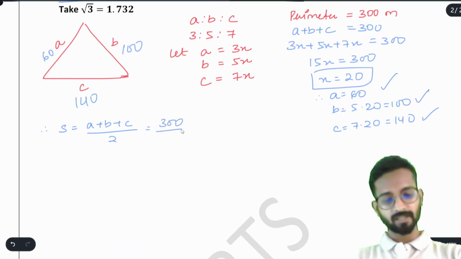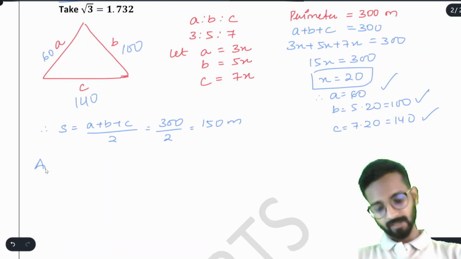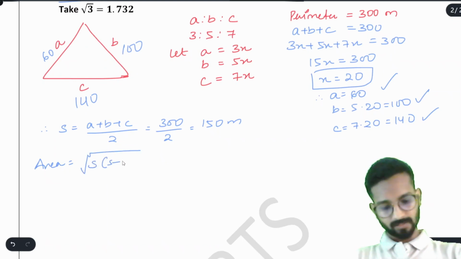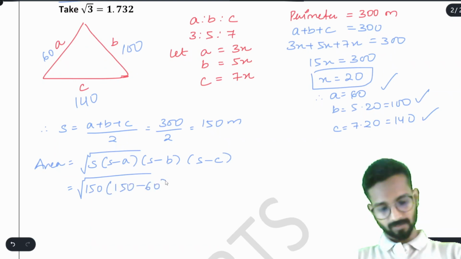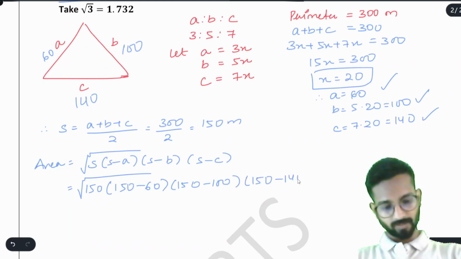So I can directly write 300 by 2, that is 150 meters. Simple. Now finding the area is equal to root of S into S minus A, S minus B, S minus C. S is how much? 150. 150 minus 60, 150 minus 100, 150 minus 140.